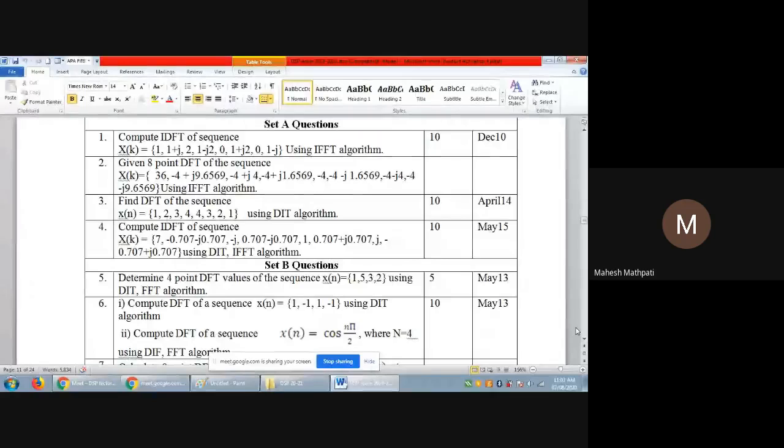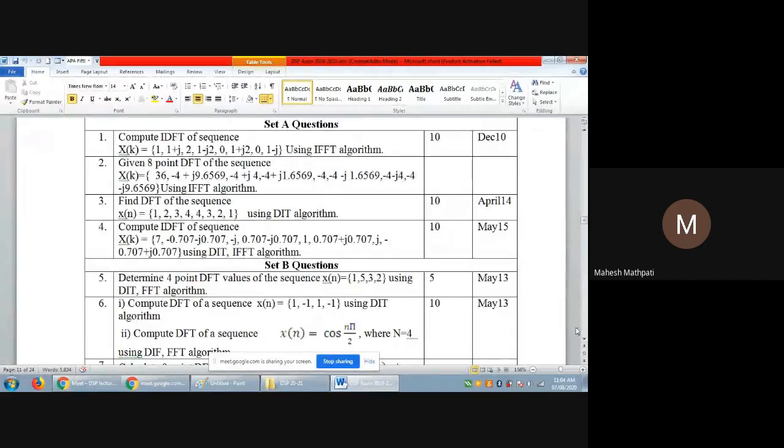Yes, anybody please? Can you help her? Why is it that we are using the DIF algorithm here? DIT can also give the answer, right?